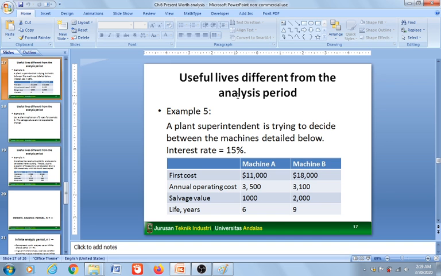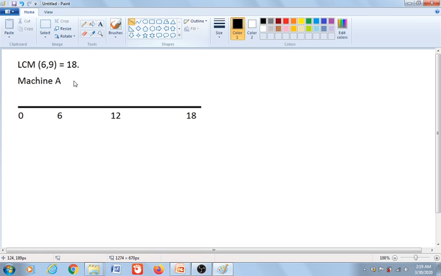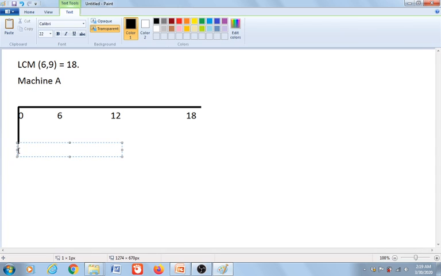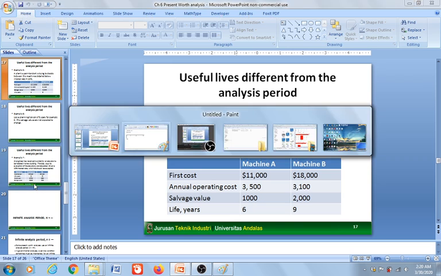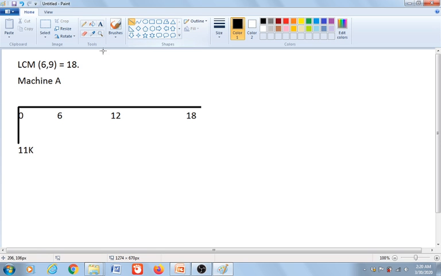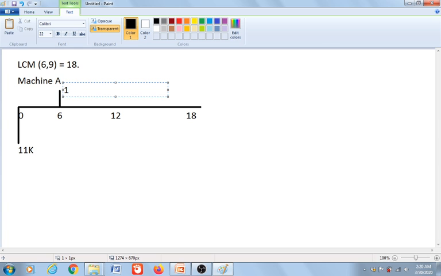For machine A, the first cost is 11,000, so that's a negative cash flow, so it will be over here, 11k. Then at the end of the 6 years, we're going to have a salvage value of 1,000. So we have the salvage value over here.